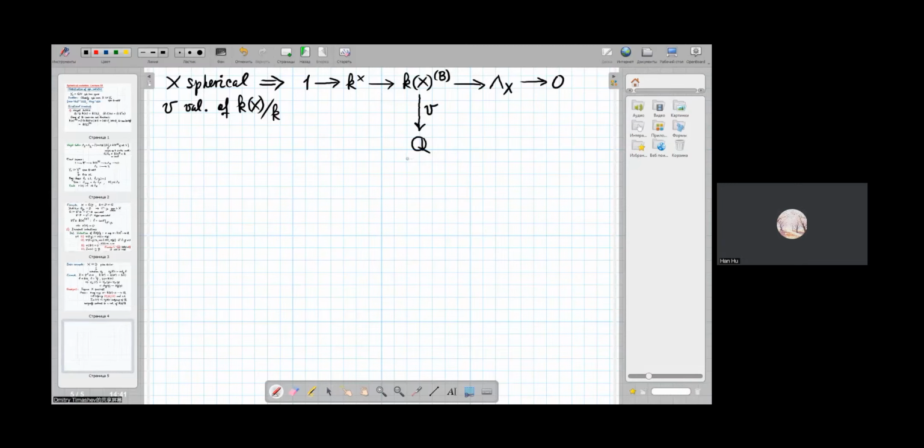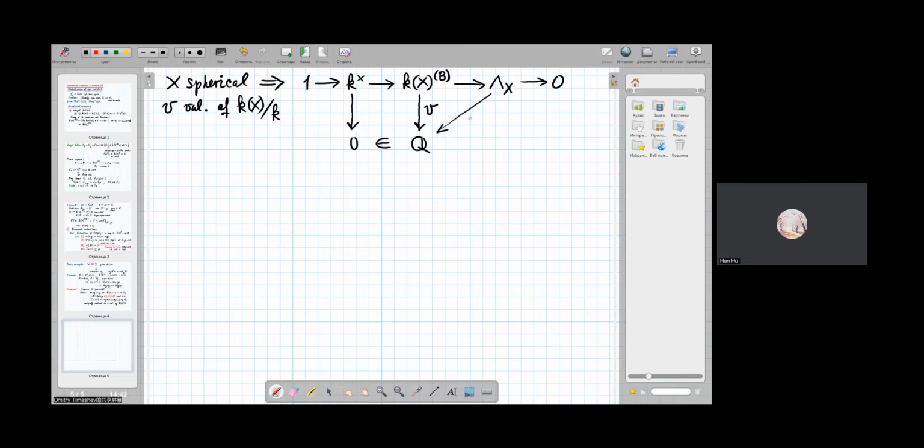By the definition of valuation which we have given, the constants map to 0. And this means that this map V, given by the middle vertical arrow, descends to a homomorphism from the weight lattice lambda X to the additive group Q.